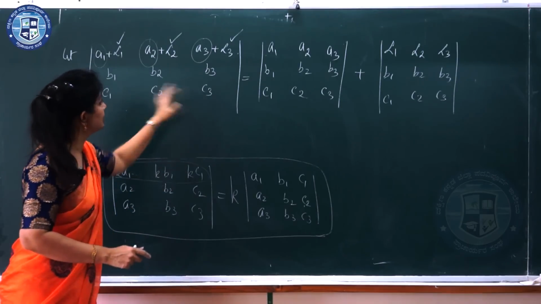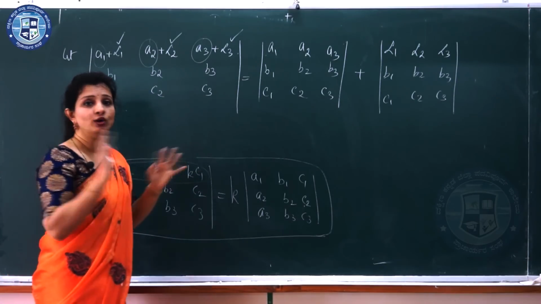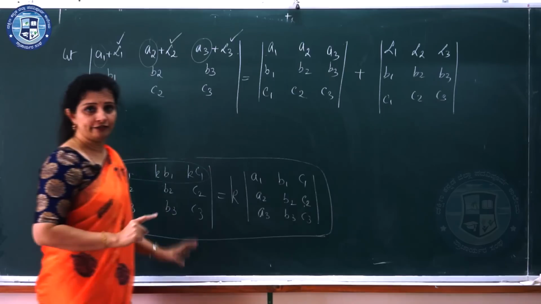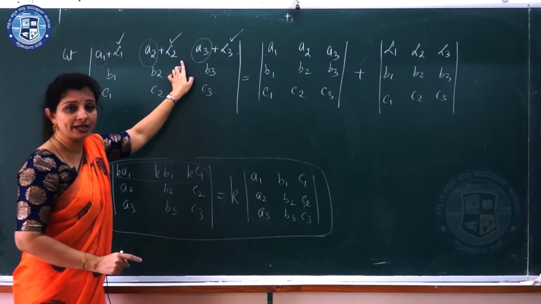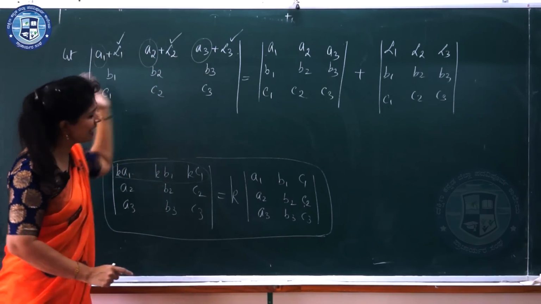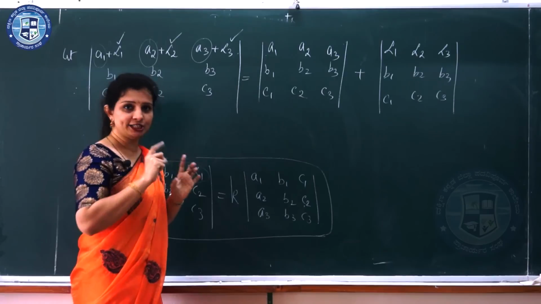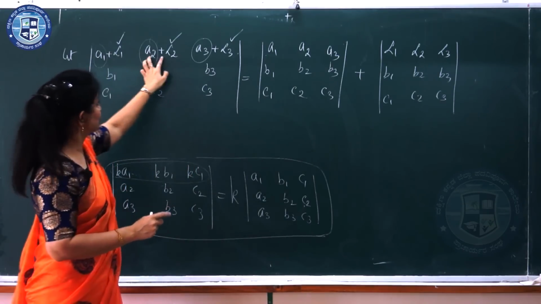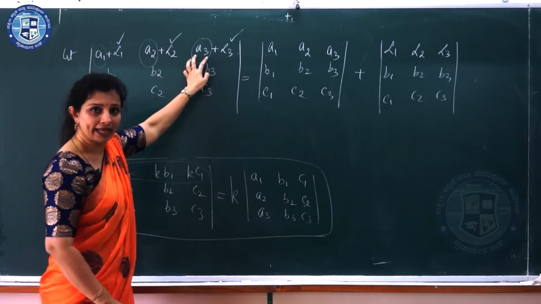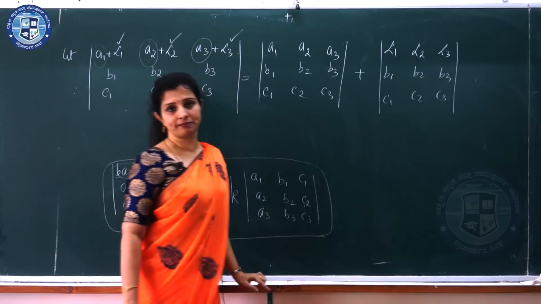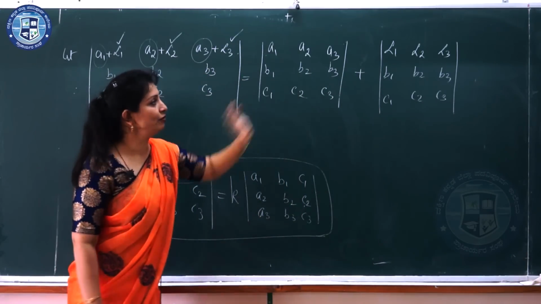If all the rows and columns are written as sums of 2 terms, we cannot divide into 2 determinants. Remember this, students. Only if the elements of any one row or any one column are written as the sum of 2 terms, then the value of the determinant is the sum of 2 determinants.